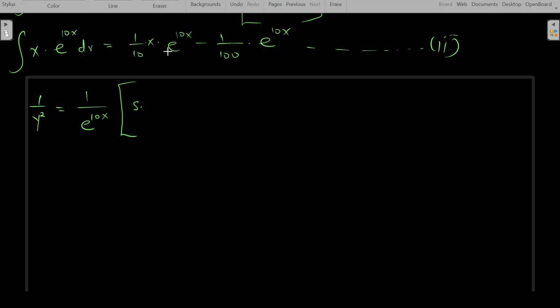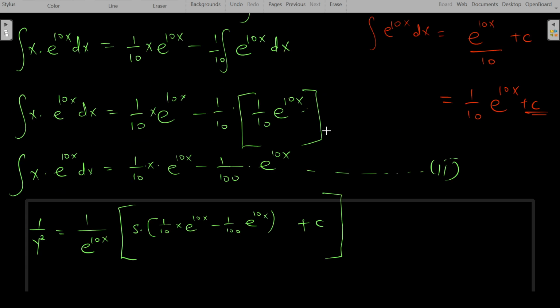Then that 5 I should multiply by this answer: 5 times 1 over 10 x e raised to 10x minus 1 over 100 e raised to 10x. Then I should add that to a constant c.